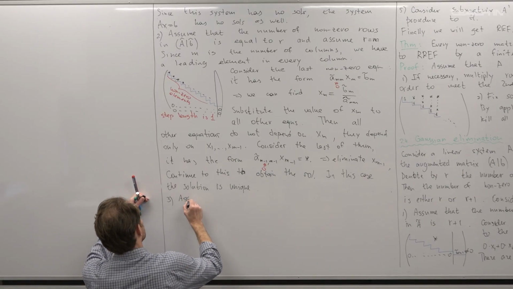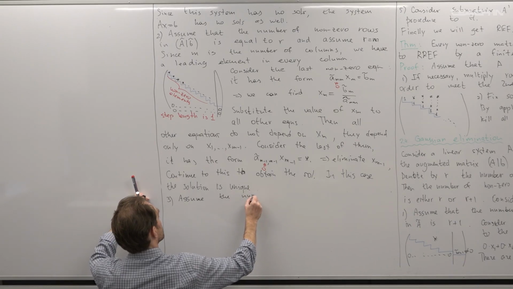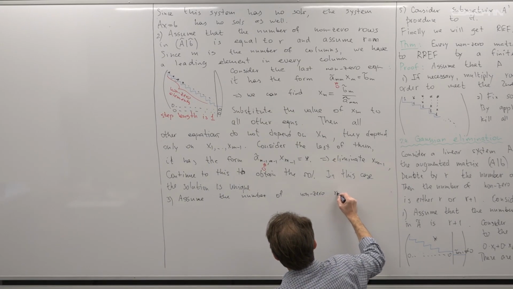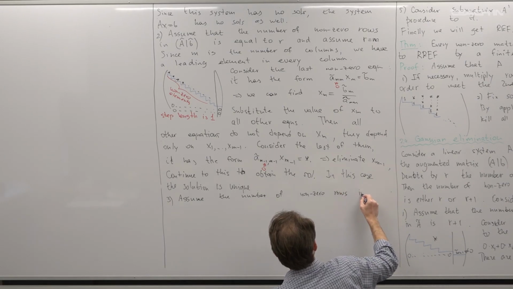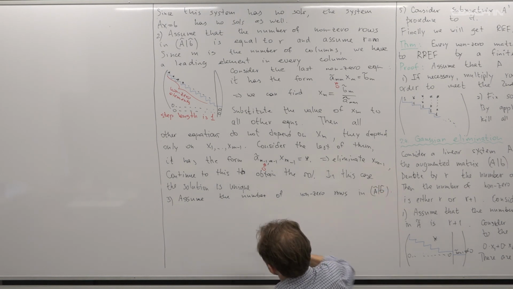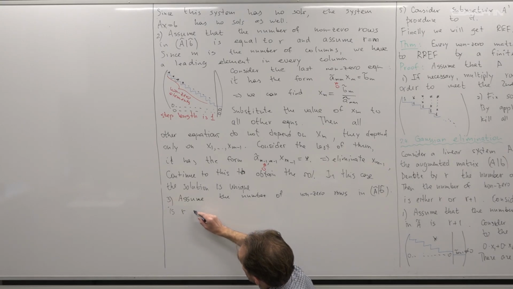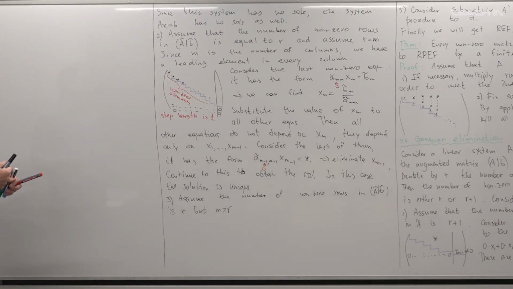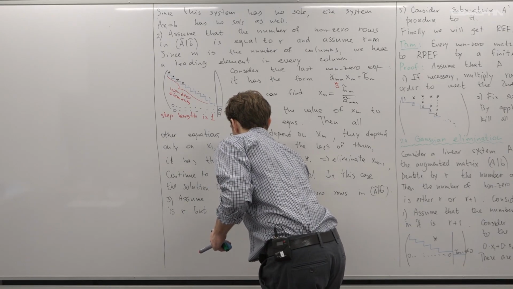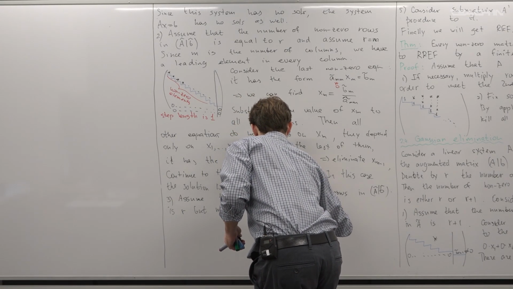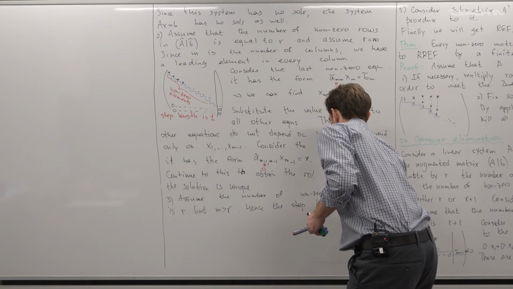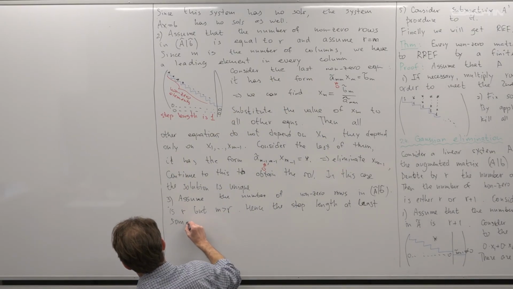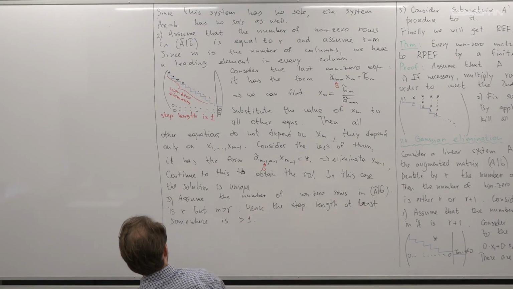So assume the number of non-zero rows in the augmented matrix is R, but m is greater than R. So this means that now the step length, at least somewhere, is greater than 1.